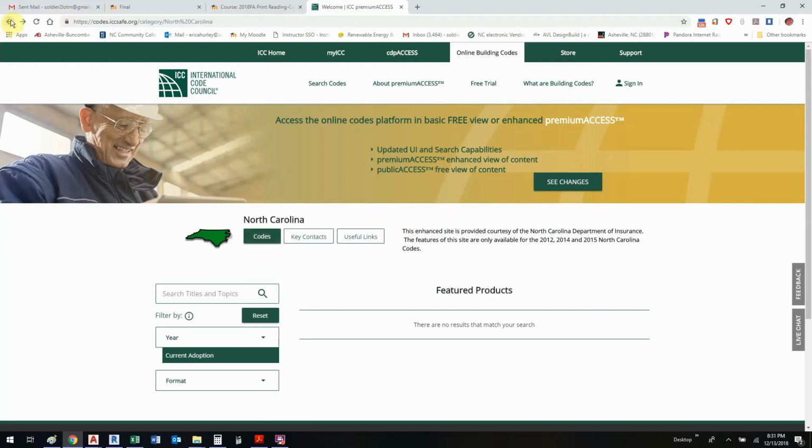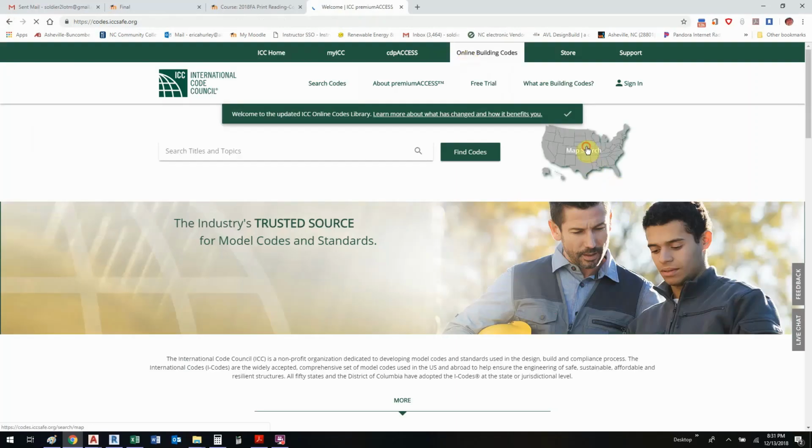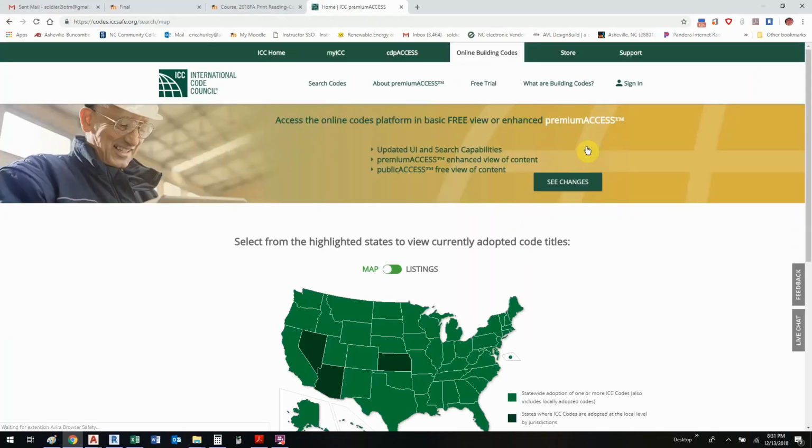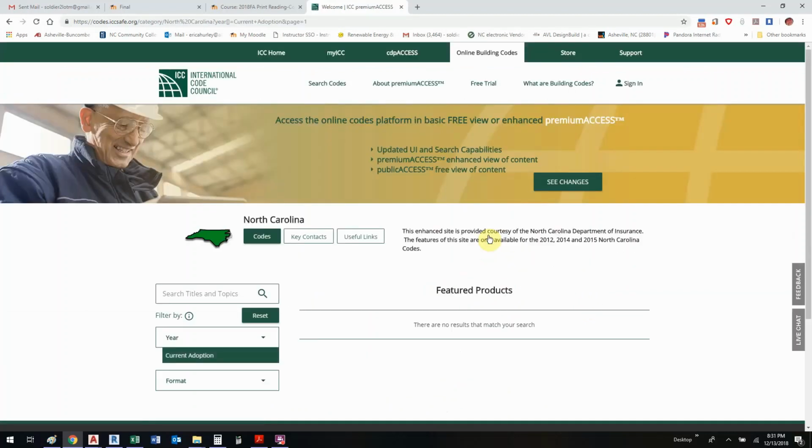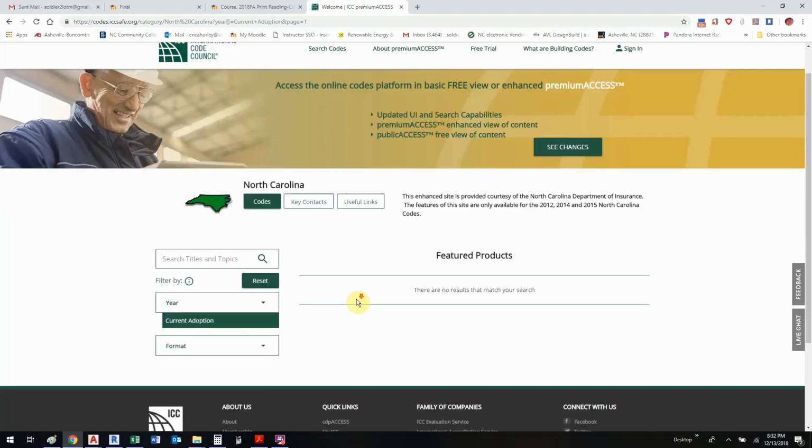Well, I was just in here a minute ago. Let's try this again. Click on map. Click on North Carolina. Well, I was just there.